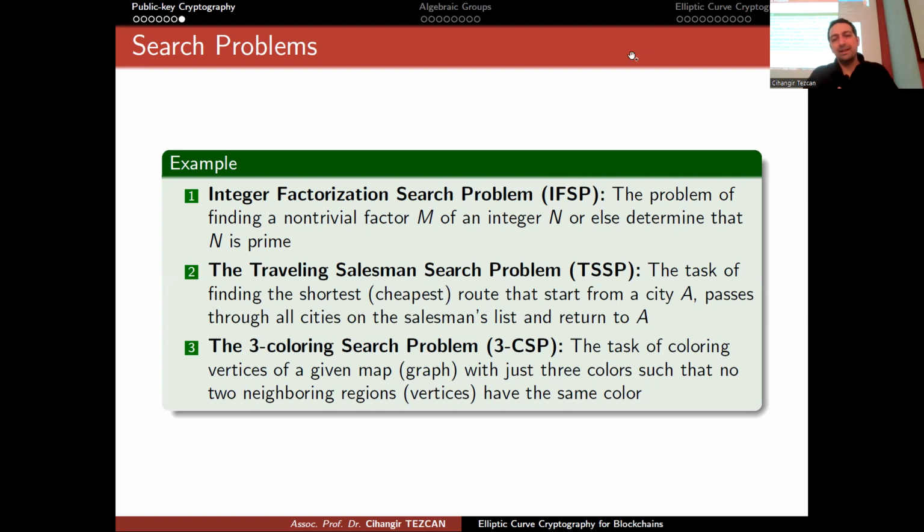But note that cryptographers generally don't care much about NP problems, okay? Because computer scientists ask the question whether P equals NP or not. And people who don't work in the area of cryptography think that we rely the security of our algorithms on the fact that we are using NP-hard problems, but most of the time we don't do that, okay?